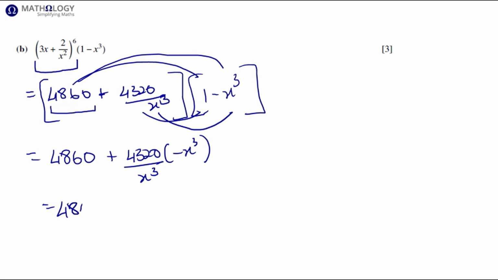And what that gives us, that x cubed will cancel with that x cubed, and we have 4320 times minus 1, so it's going to be minus 4320, which is both these terms are now obviously independent of x, so that equals 540, and that is the final answer.